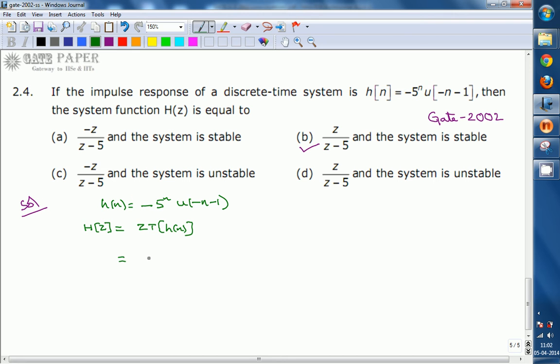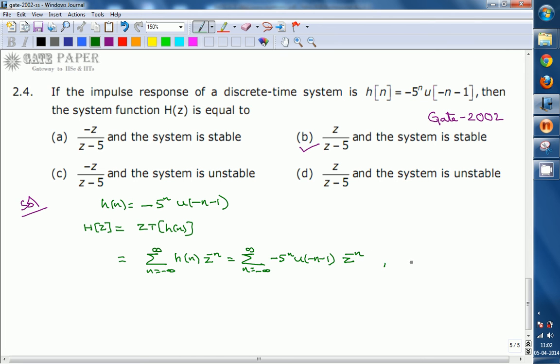This is equal to summation n equals minus infinity to infinity h of n into z power minus n, which is summation of minus 5 power n u of minus n minus 1 times z power minus n.